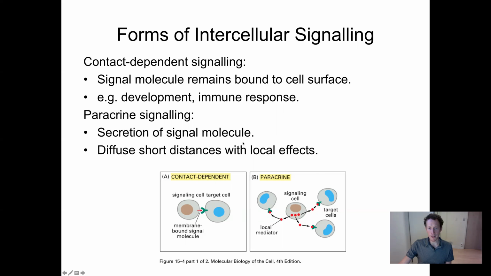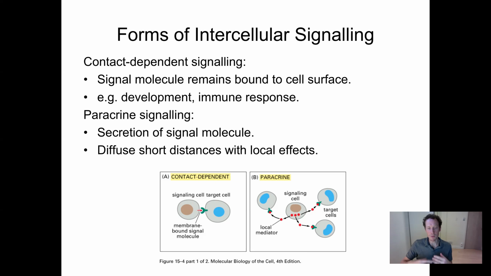Then there's paracrine signaling. If you haven't heard of the word paracrine, this is your introduction to it. It sounds a little bit like endocrine, which is another type of signaling, but paracrine is more general in the sense that basically it's just a cell that releases some sort of factor, which is here indicated by a local mediator. So you might be mediating things like proliferation again, or division of cells, or other signaling mechanisms that don't require contact.